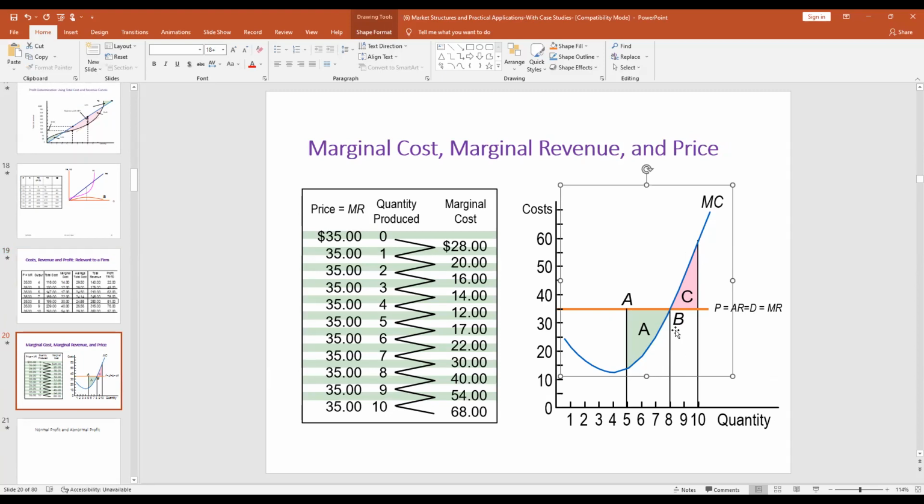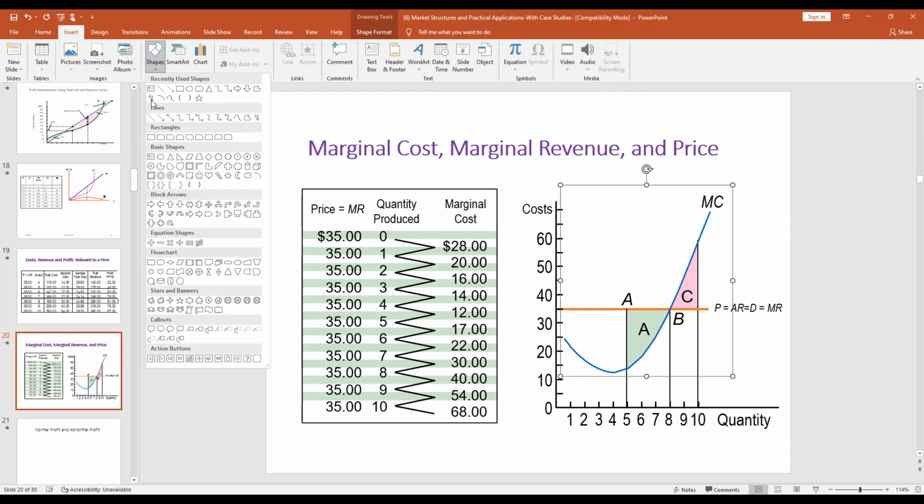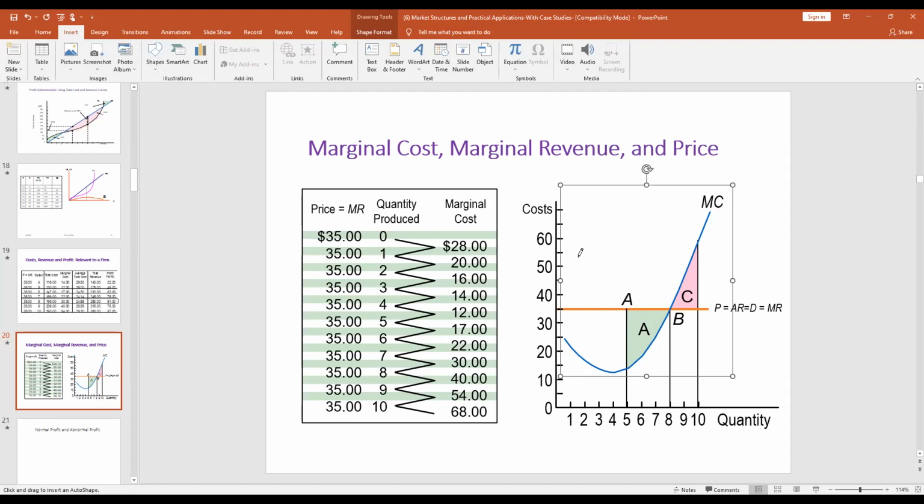But there is no indication about the AC. So we would like to see the AC. How can we find the AC? In this curve, there is no AC, but I would like to put an AC curve here like this.